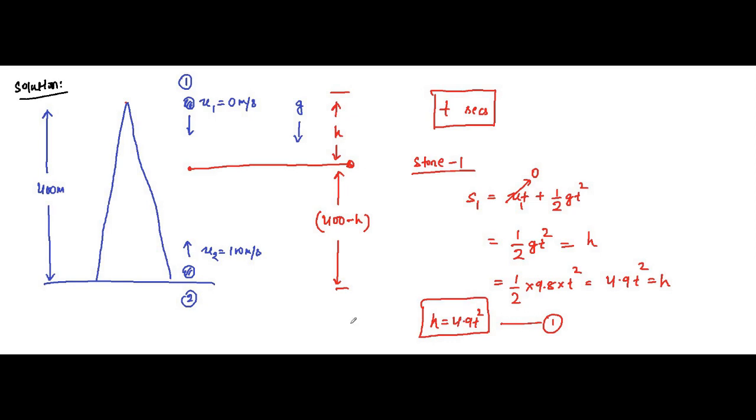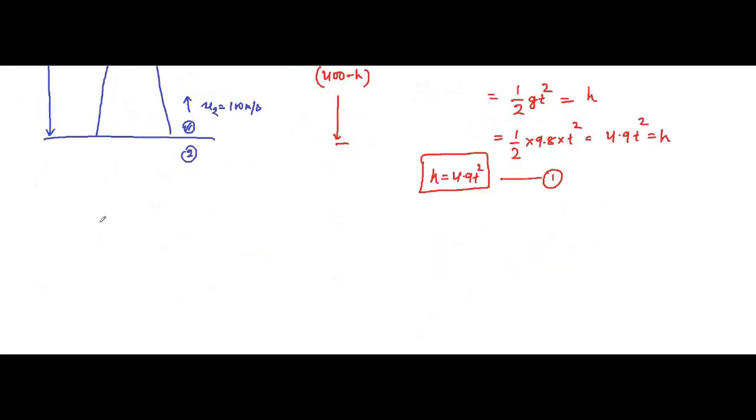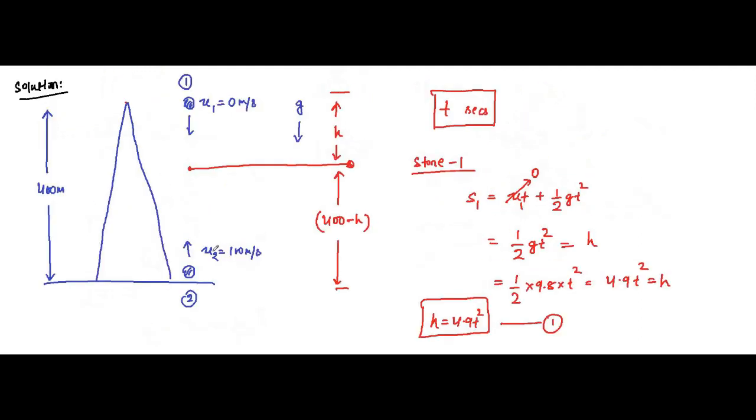Now, stone 2 covers a distance of 400 minus h. For stone 2, the distance covered is S2 equal to U2t minus half gt square. Why? Stone 2 is moving upwards, direction of initial velocity is upwards, and g is acting downwards, so g opposes the motion.